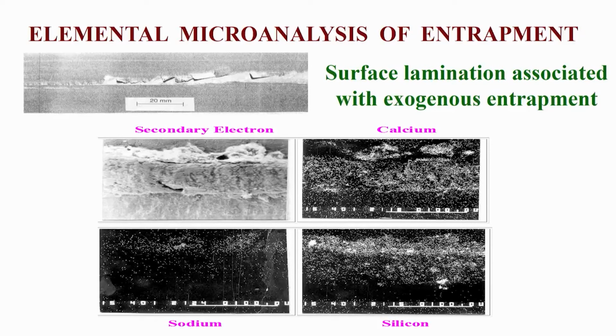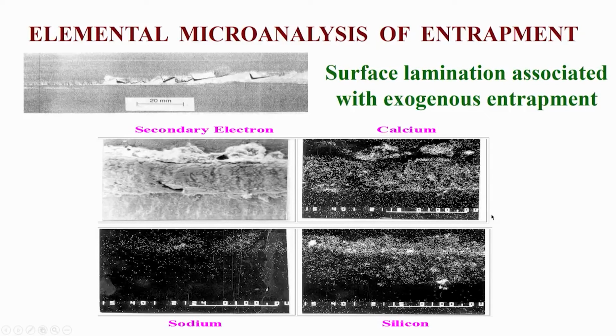Like we can image the sample using secondary electrons, we can also image using specific elements, like getting an image using calcium X-ray. Wherever calcium is present in relatively larger amounts, it will give white spots. So, from this calcium X-ray image we know which area is calcium rich.